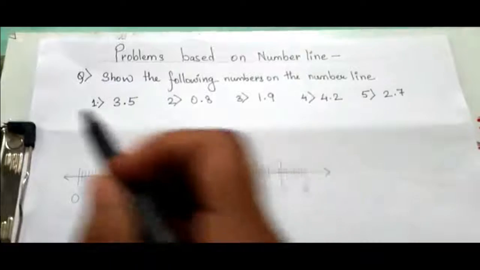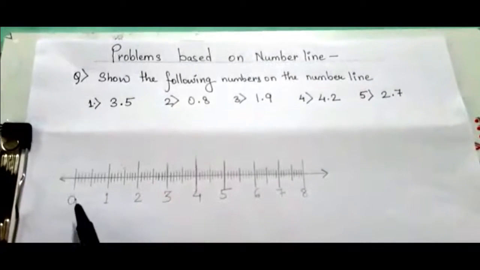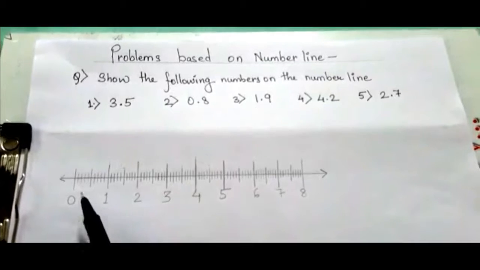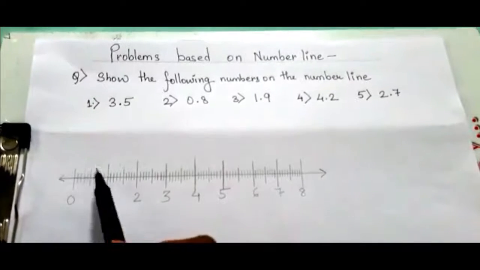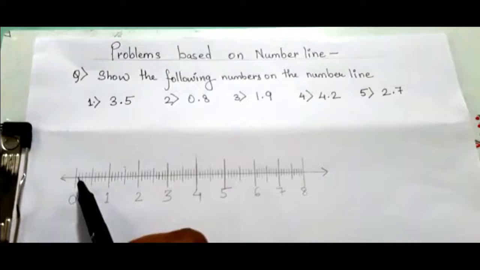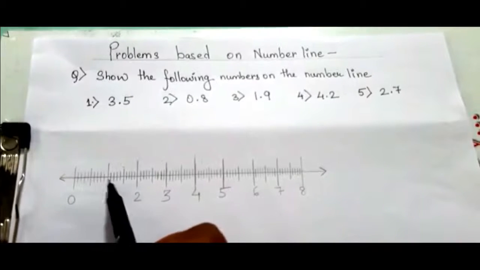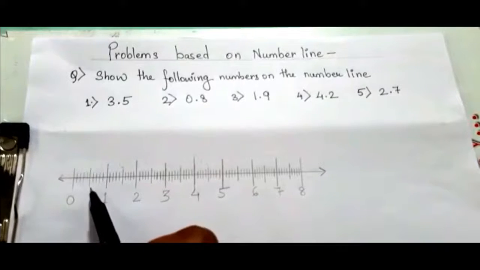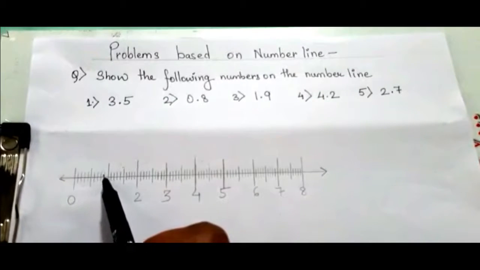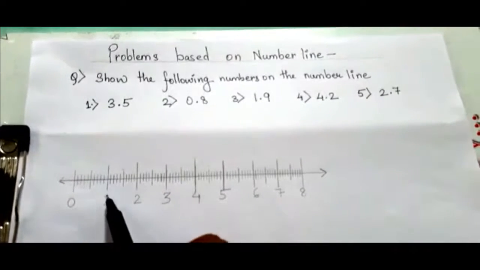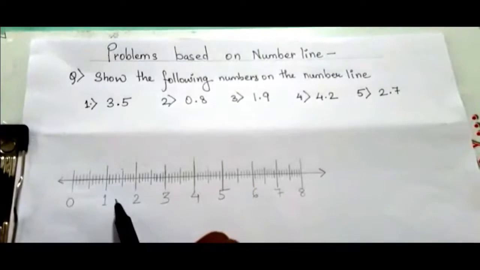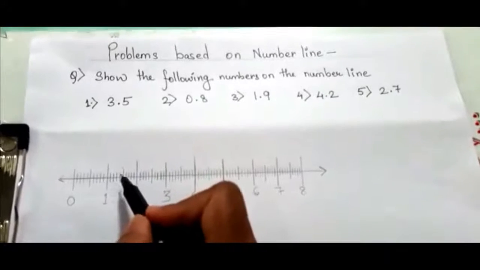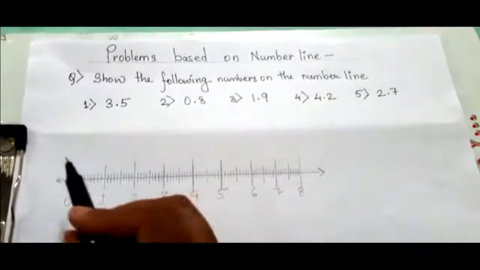We have just seen that the whole number is divided into equal parts with the tenth value. So if you see 0, then these are small hash marks. So 1, 2, 3, 4. This is 5, 6, 7, 8, 9. And when it comes to 10, the number becomes 1. Correct?